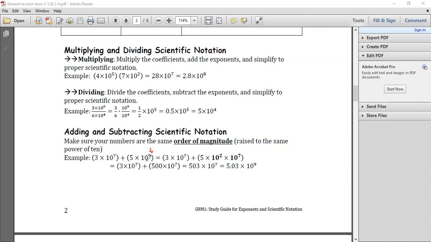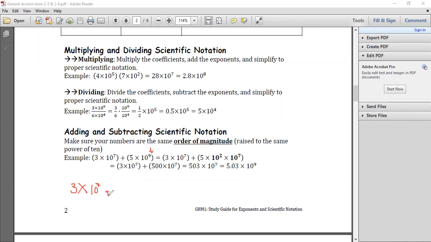If you want to decrease, do we have to move to the right or to the left? To the left? If I want to decrease 10 to the power of 9... No, sorry, you will move right, because it will be like 10 to the negative 7. If we move here, it was 3 times 10 to the power of 7, right?